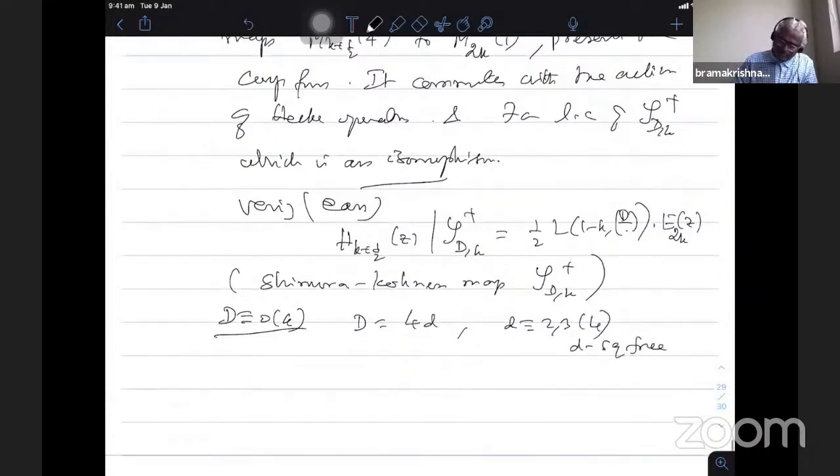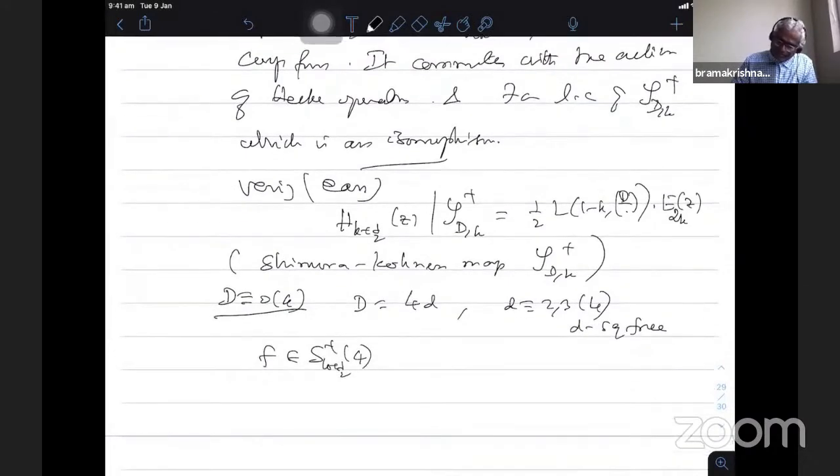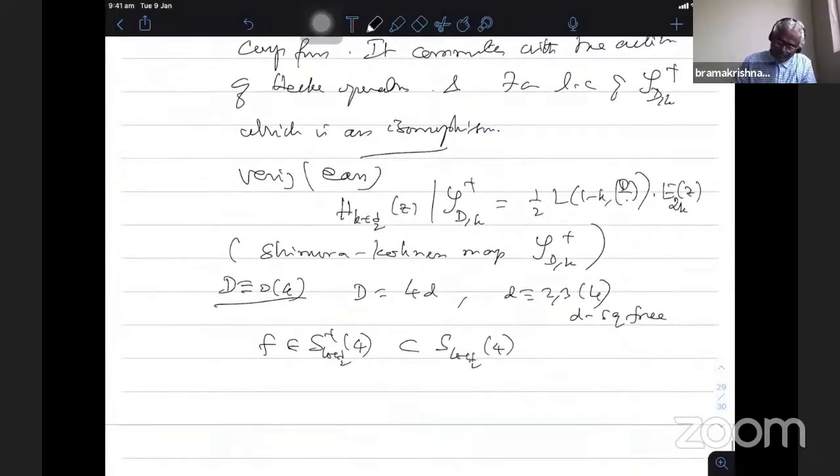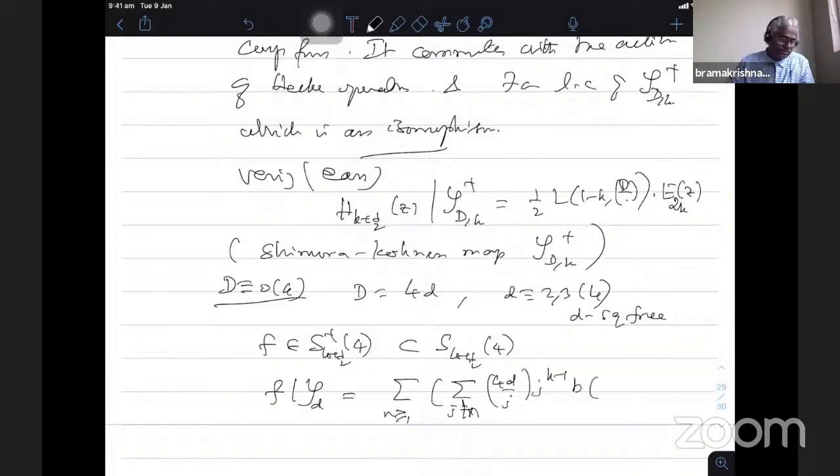So take F in S_{k+1/2}^+. Shimura says that F is also contained in the full space S_{k+1/2}. Therefore, I can apply the Shimura map on F. So apply the Shimura map S_d to F, which is nothing but the summation over n, with another index in the inside sum, j dividing n, of (4D/j) j^(k-1) b(|d| n^2/j^2) times q^n.